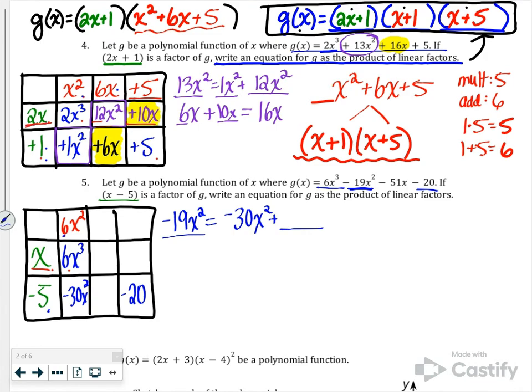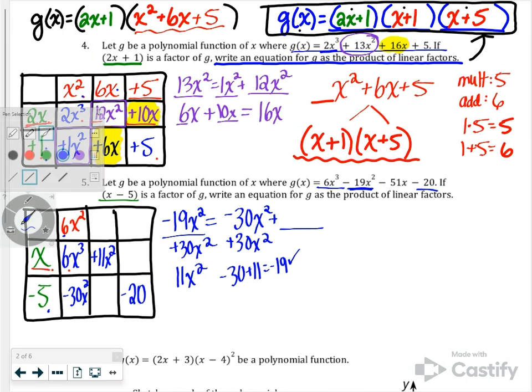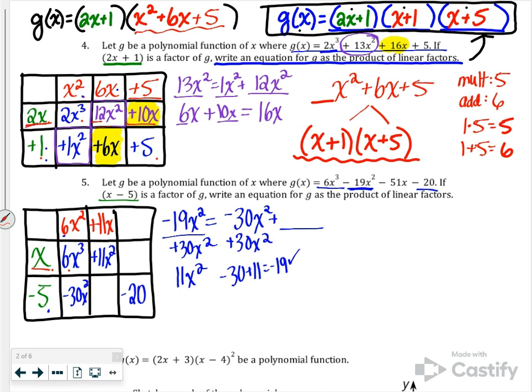So one strategy you could use here is you could just add 30x squared to both sides. And then we get 11x squared. So we know that this must be an 11x squared. And we can make sure that that does equal negative 19. And negative 30 plus 11 does equal negative 19, so we're good there. And we need to make this a plus 11x.